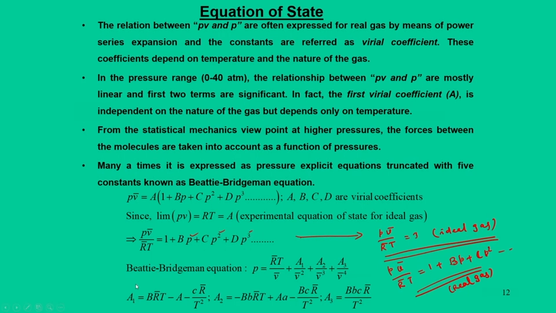The other equations, like the Beattie-Bridgeman equation, represent these state equations in the form of T and V, where both T and V bar become the parameters on the right-hand side, and accordingly the virial coefficients were determined. So it all depends on whether we consider a pressure-explicit equation or not.